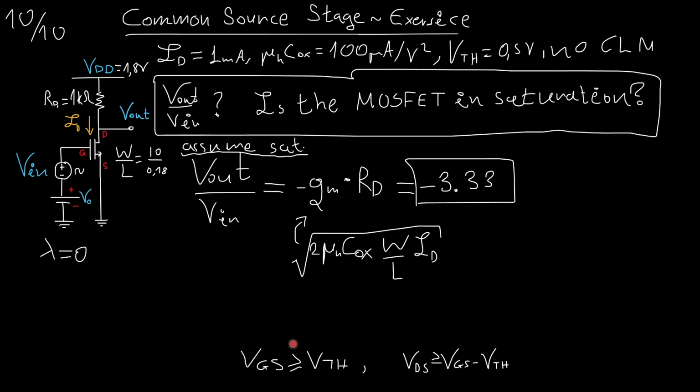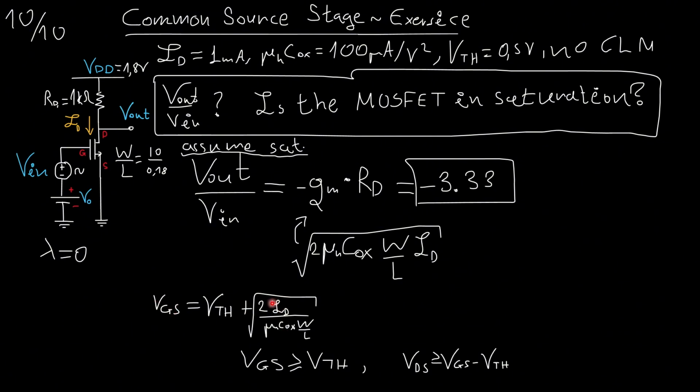Now, in order for our region of operation to be the saturation region, we must prove that these two conditions are true. How much is VGS? Well, there is a relationship from theory. VGS is VTH plus the square root of 2ID over mu Cox W over L. This is given, if you remember, from the relationship between the current and the VGS.